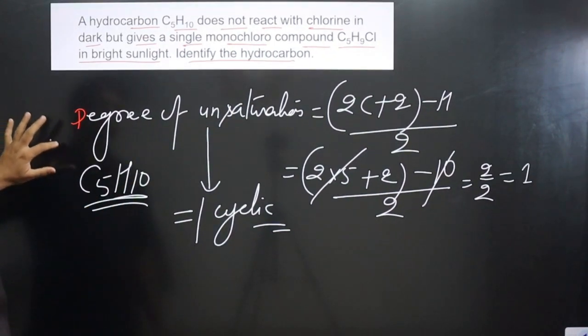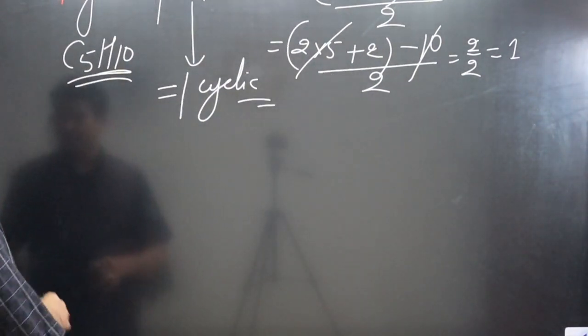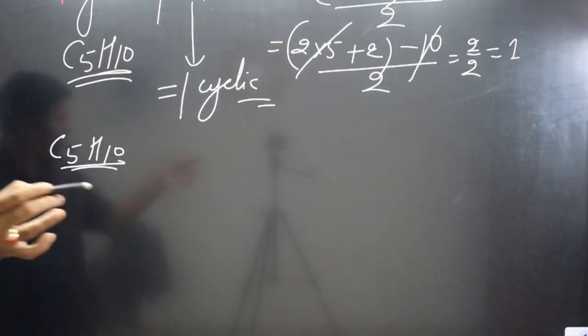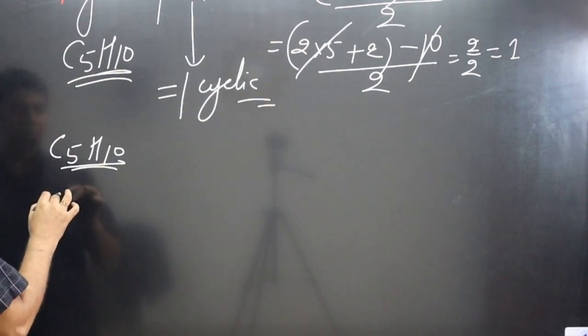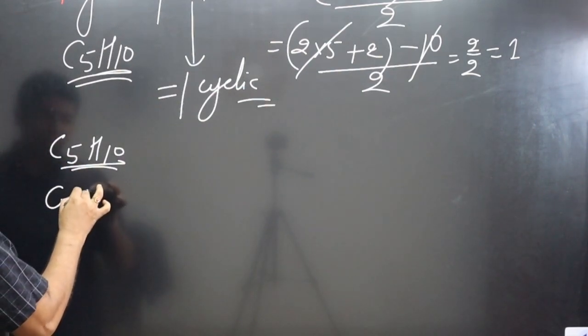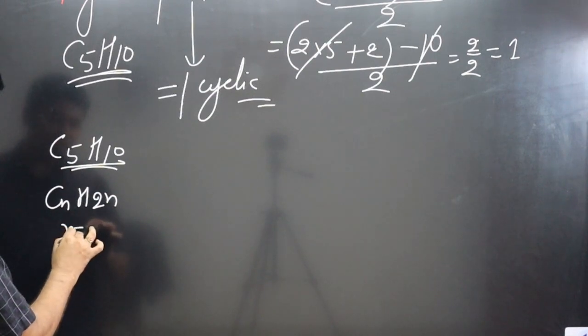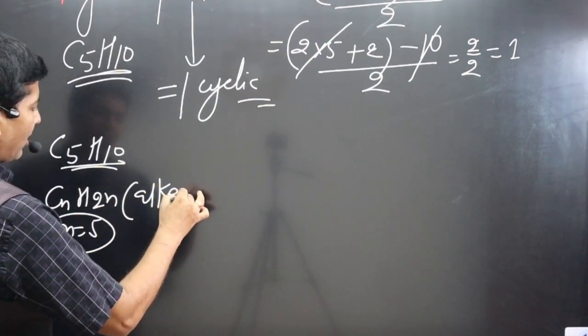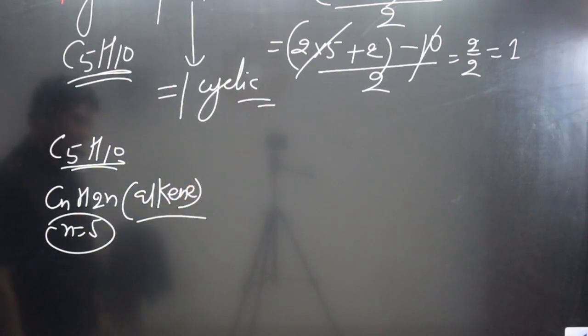If you look at the compound, C5H10 is given in terms of the general formula CnH2n, where n is equal to 5, and this is the general formula of an alkene, meaning one double bond is there.